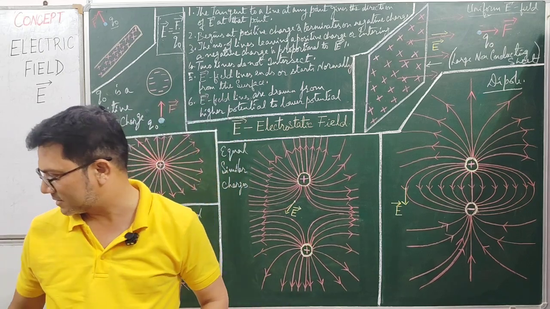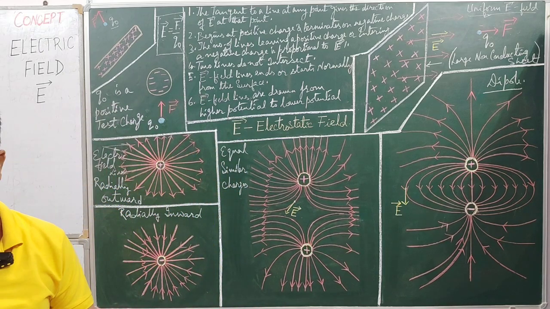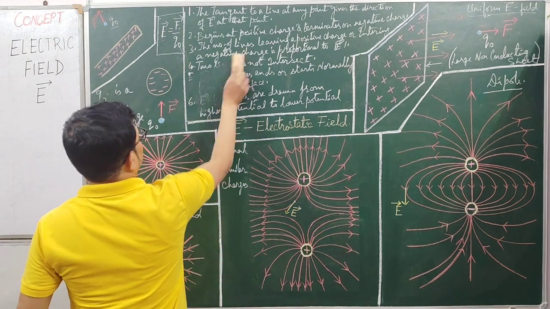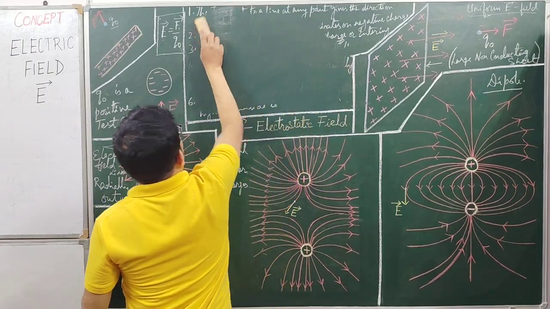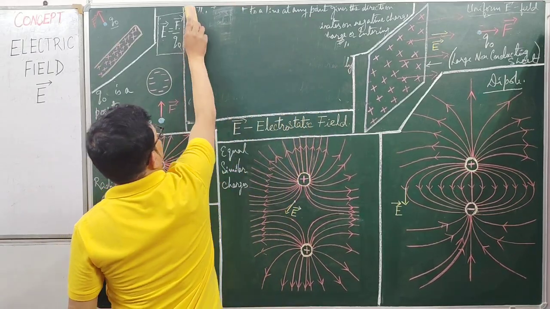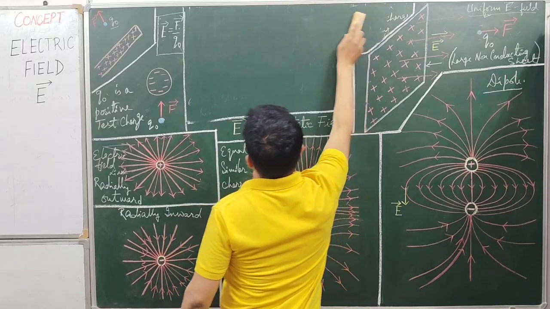So let us check what is going to be the value of it. Suppose you have a point charge here, and you want to find the magnitude of the electric field.